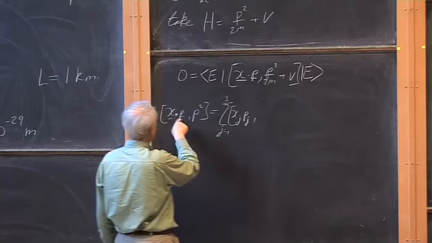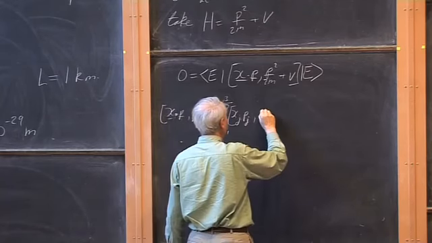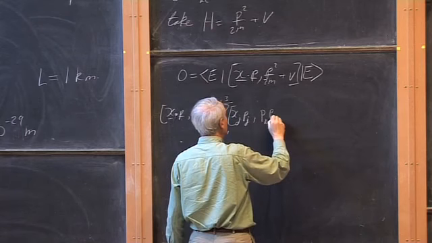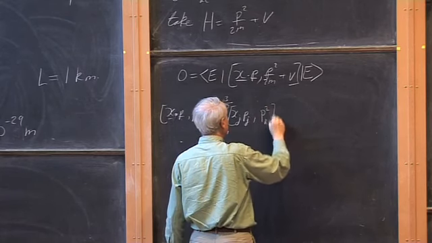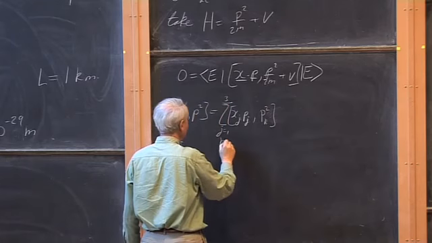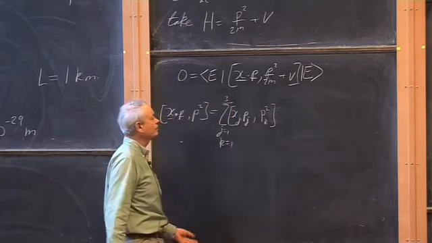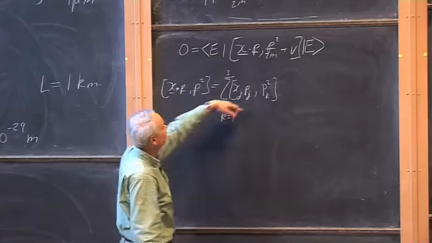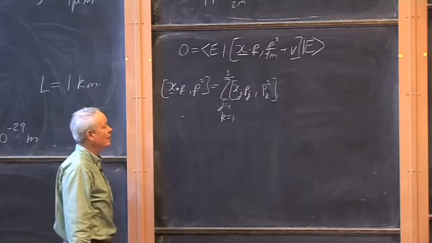And now I have a sum of pk squared, so now I'm summing over k as well. Right? p squared is px squared plus py squared plus pz squared.